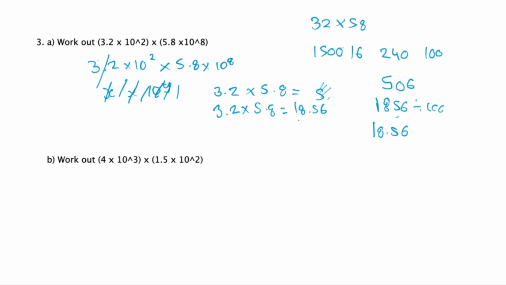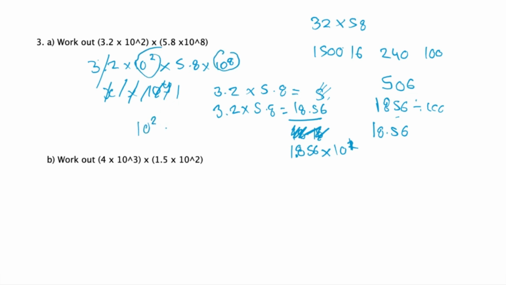So now you have that, and you need to convert this to standard form. So that would be 1.856 times 10 to the power of 1, because you moved it once to the left. Now don't forget these: you have to add the indices.